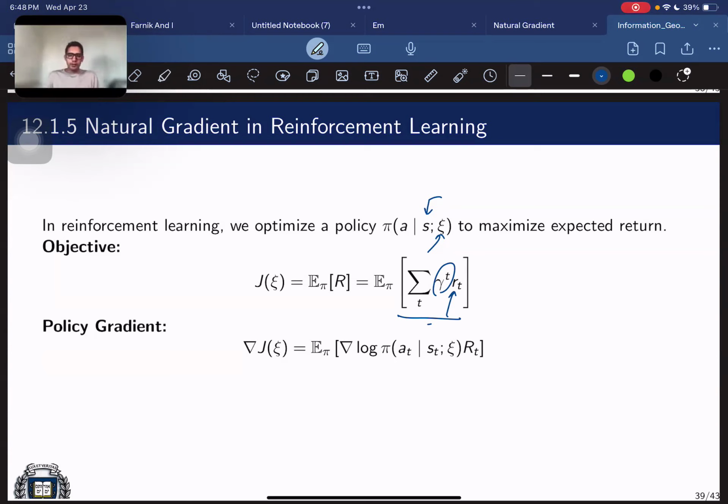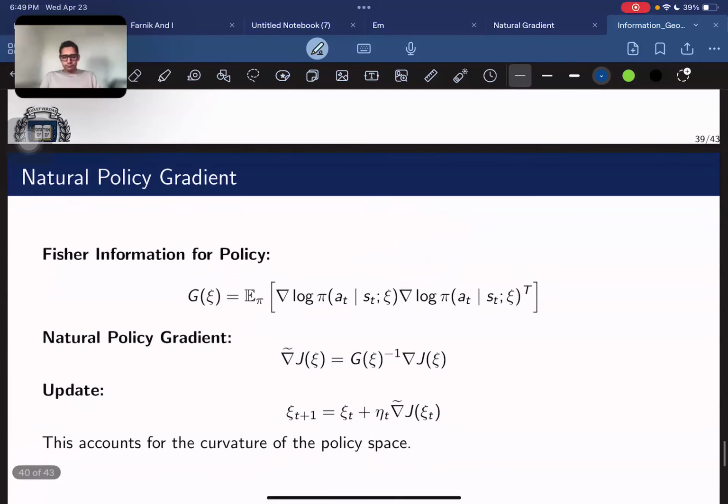You want to find a policy, and the policy is nothing but, given a state and a parameter, gives you a distribution over all possible actions. Okay? And then this is policy gradient in reinforcement learning. You start with a parameter, you take the gradient of that, a policy gradient, and then you optimize that. Just this time, instead of descent, you are doing a gradient ascent because you want to maximize your reward.